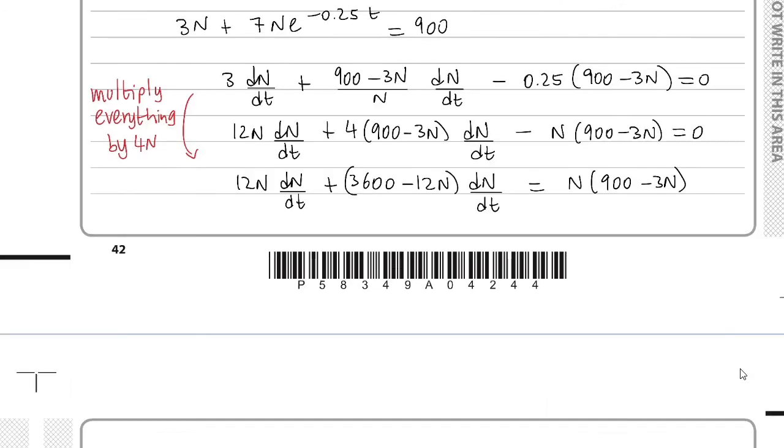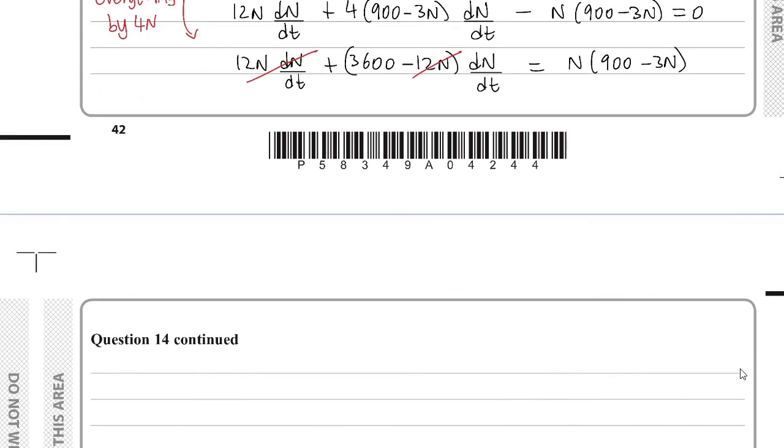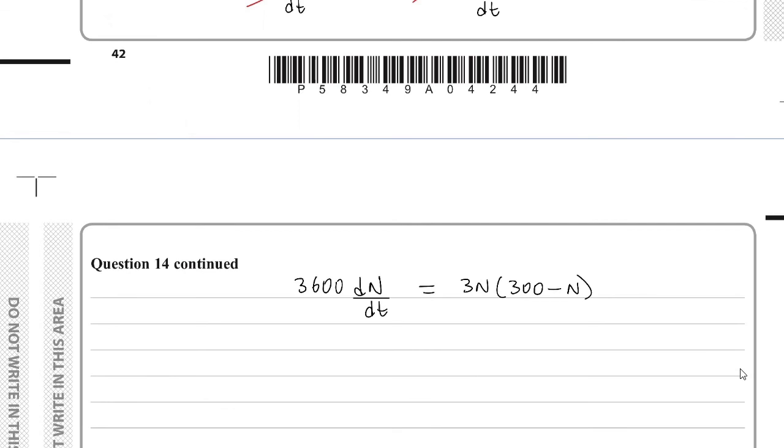It's easy to see that the 12n dn/dt with the 12n dn/dt go away. So we get 3600 dn/dt is equal to 3(300 minus n). I just factor out the 3. The 3600 with the 3 leaves me with 1200.